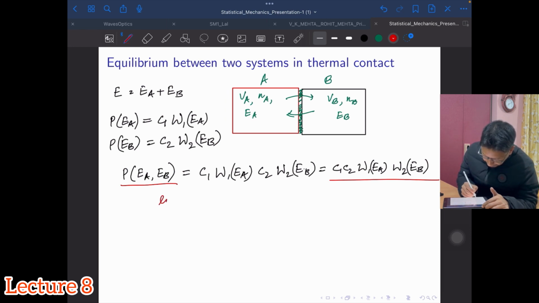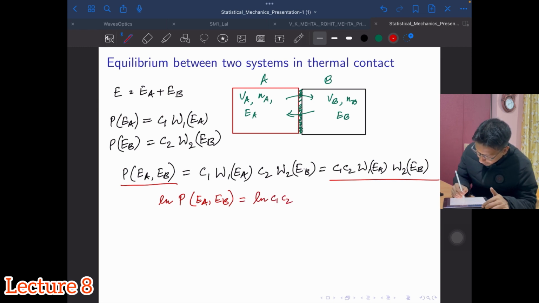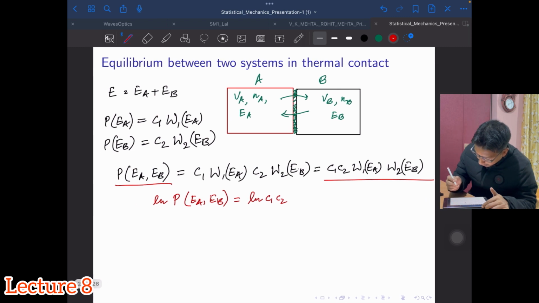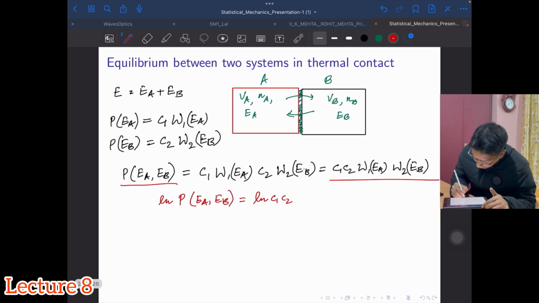So ln P of EA, EB is equal to, on the other side, ln C1 C2, which is a constant, then we get ln W1 of EA, then ln W2 of EB.